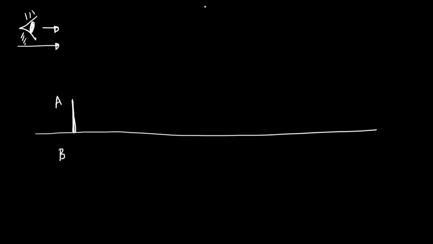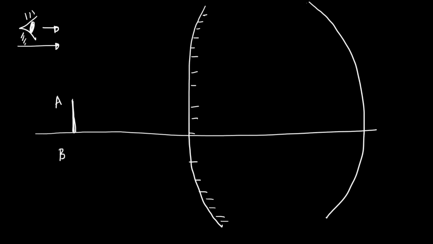Let me just discuss this. This is a convex mirror, or I can just draw the concave mirror also on this side. The lines here are for telling you that this is silvered on this side.